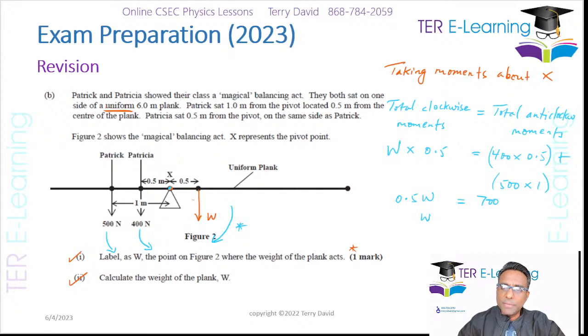So W is equal to 700 over 0.5. 700 divided by half gives you 1400 newtons. Is that making sense? Right, so that's my answer for part 2.